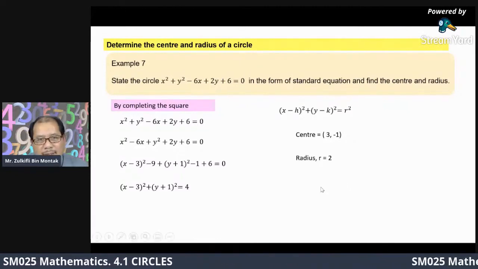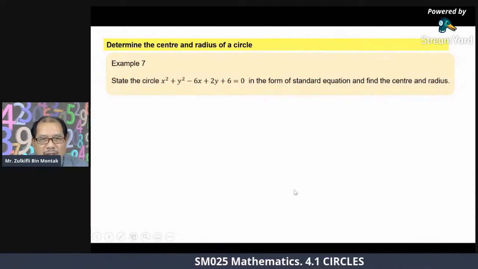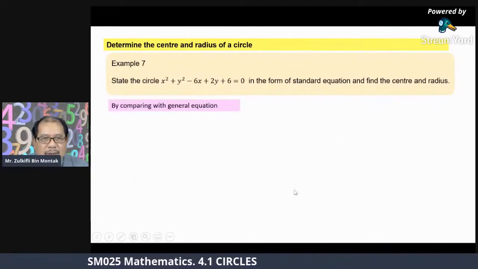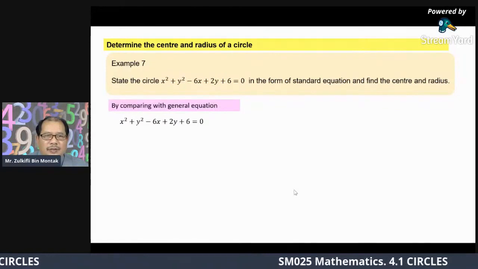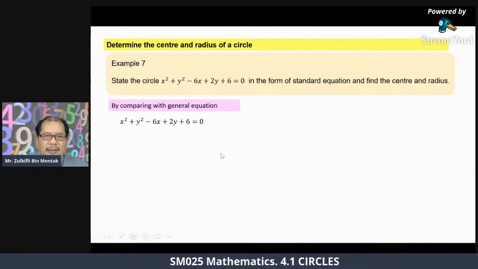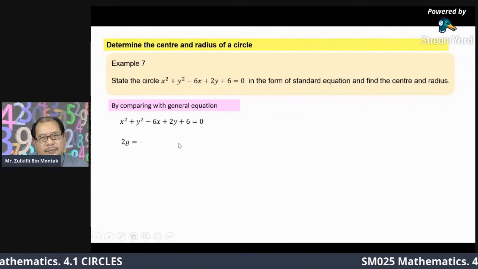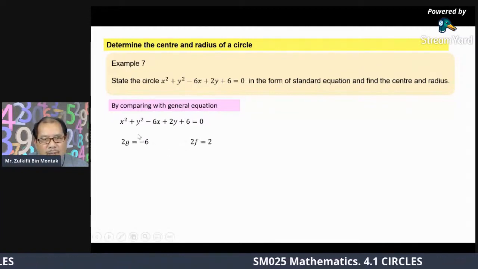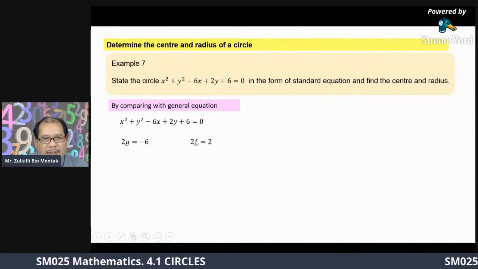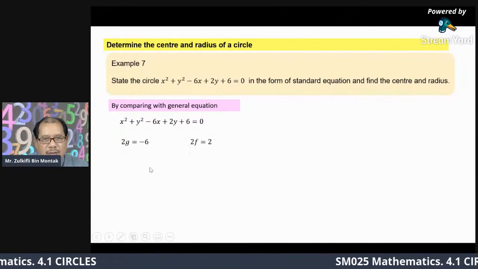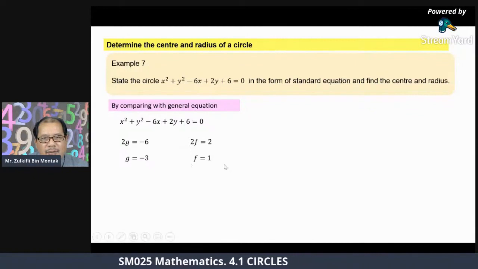Next, we can solve this example by comparing the coefficients with the general equation: x squared plus y squared minus 6x plus 2y plus 6 equal to 0. You compare: 2g equal to negative 6 and 2f equal to 2, that means g equal to negative 3 and f equal to 1.